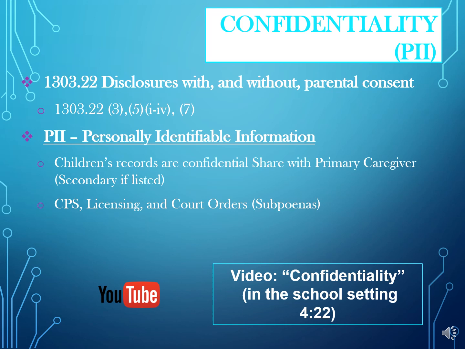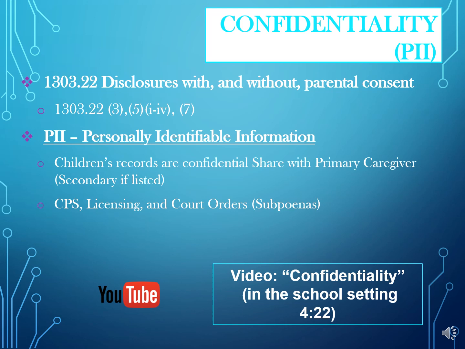If they're not listed on the application, remember they can use the blank affidavit, have the parent fill it out, make a note of who it is that she's given permission to release information concerning little Johnny to, and she needs to list what we can discuss with that person about little Johnny.